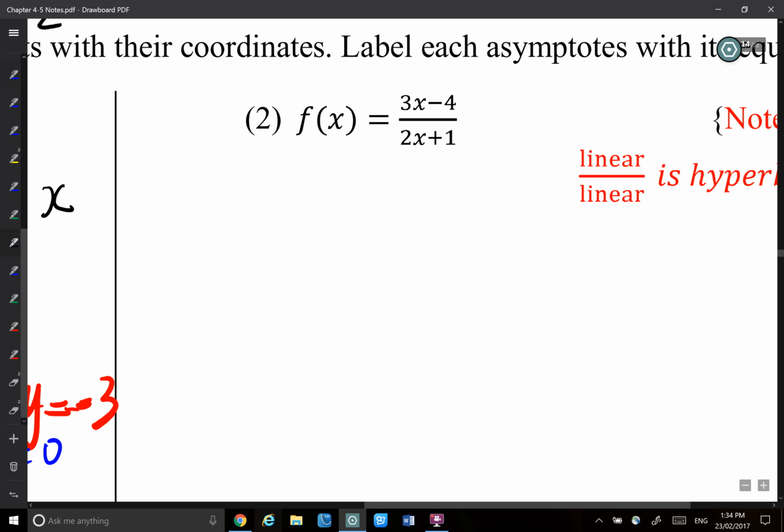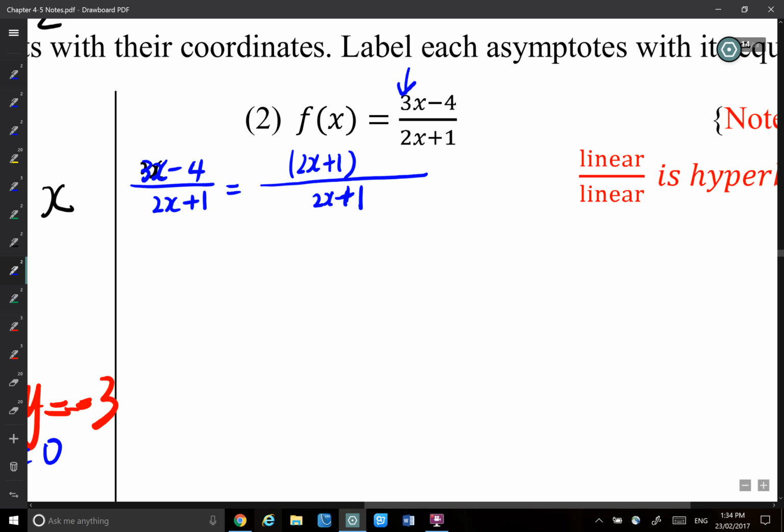Say we have 3x minus 4 over 2x plus 1. I will keep the bottom as whatever I have, 2x plus 1. On the top, I will still write 2x plus 1, but I need 3x, and 2x plus 1 is not good enough.